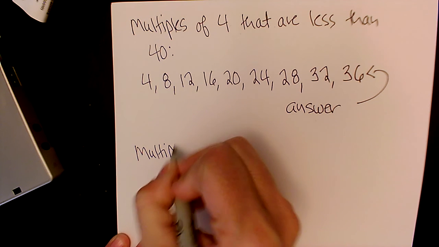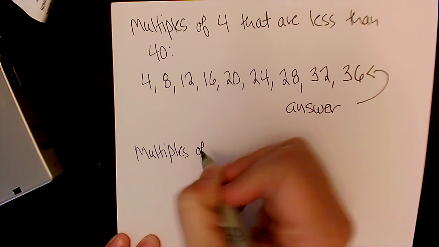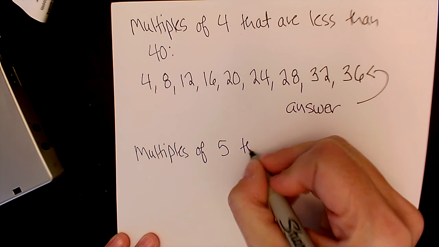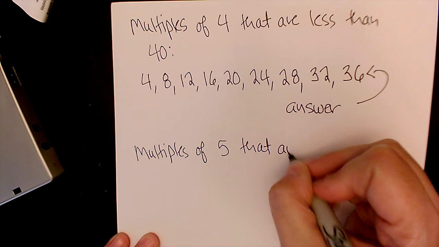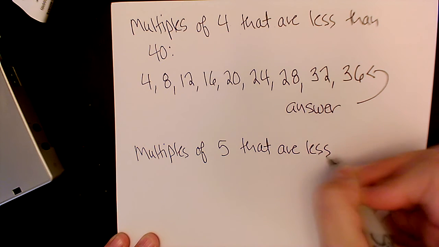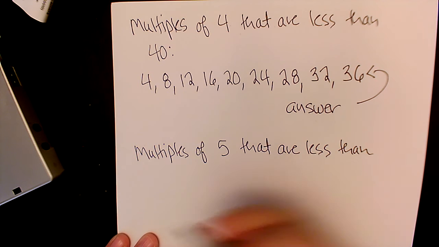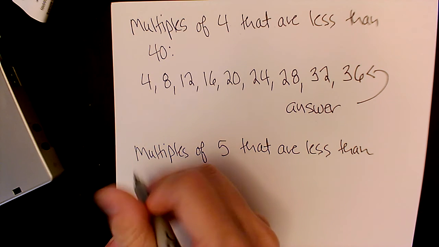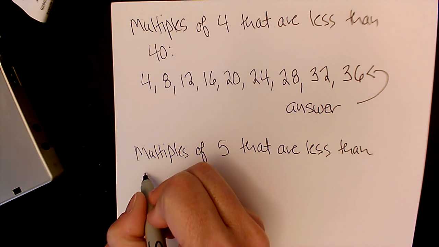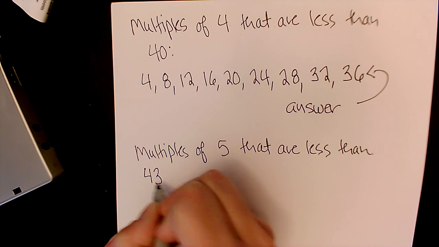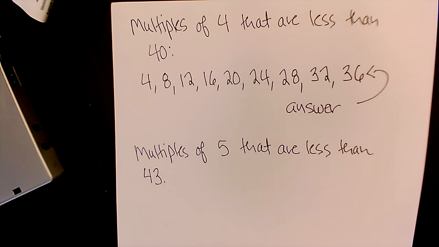What are the multiples of 5 that are less than, let's say, 43.